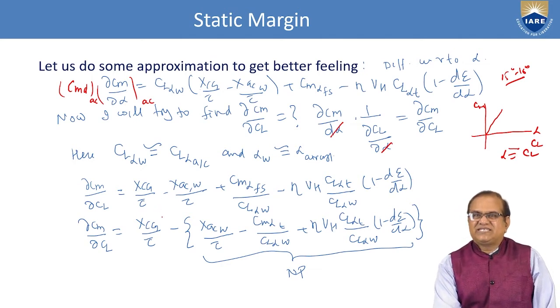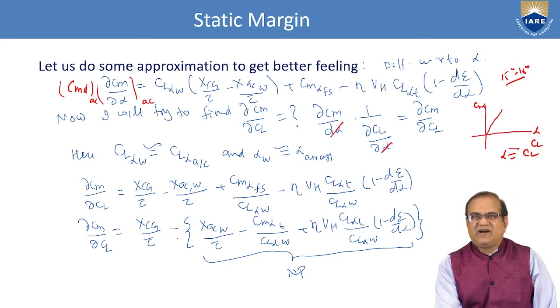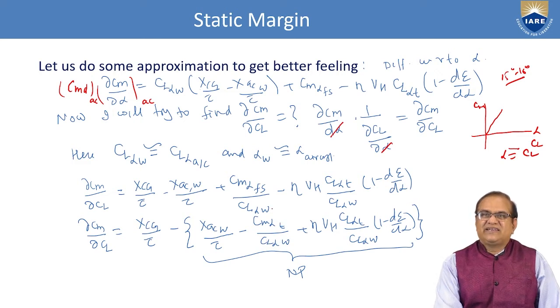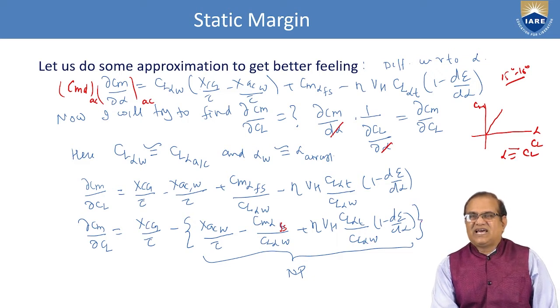Now dCm by dCl is equal to XCG by C bar minus, so all of this becomes opposite sign, XAC by C bar minus Cm alpha Fs divided by Cl alpha W plus eta Vh Cl alpha T divided by Cl alpha wing, 1 minus d epsilon by d alpha.